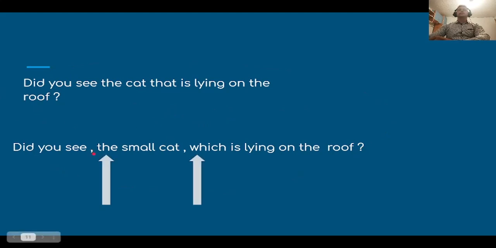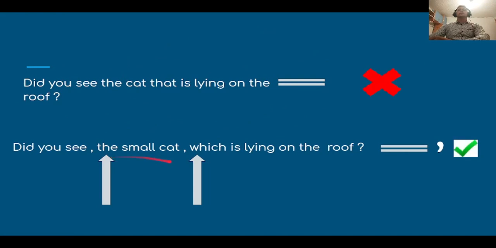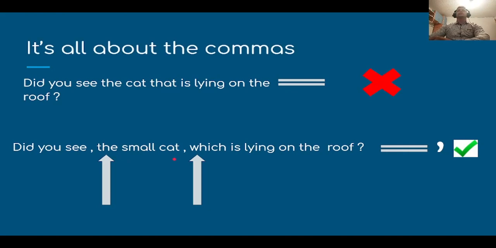In the second sentence, we have commas in the non-defining, whereas in the defining we have no commas. So, once again, defining sentence contains no commas, whereas the non-defining sentence has extra information which is separated in commas. So basically it's all about the commas when we talk about the relative clauses.